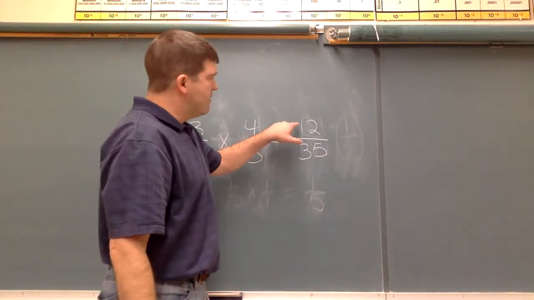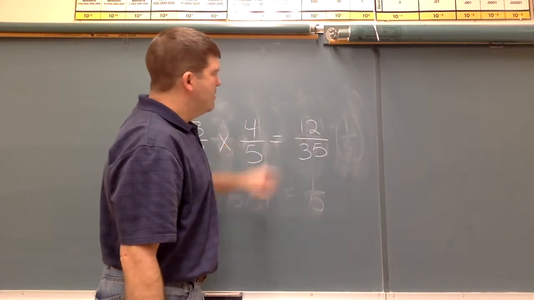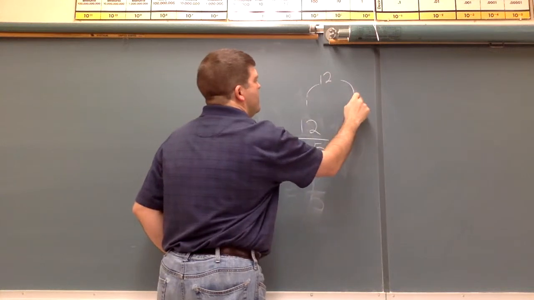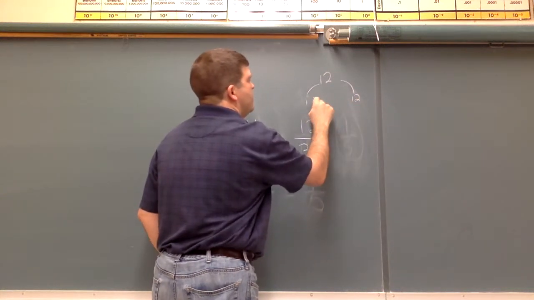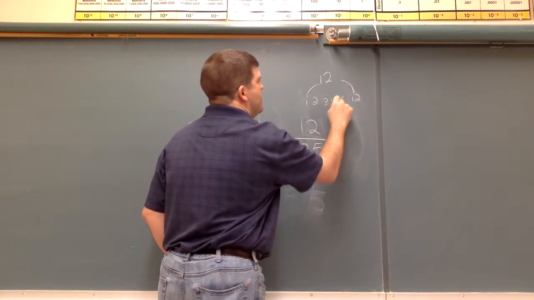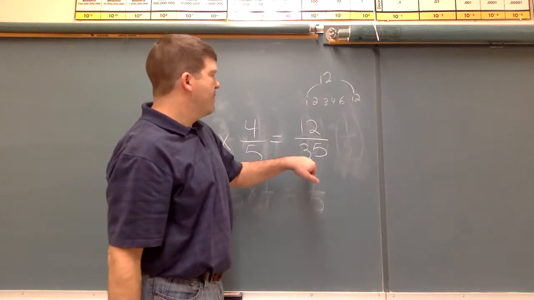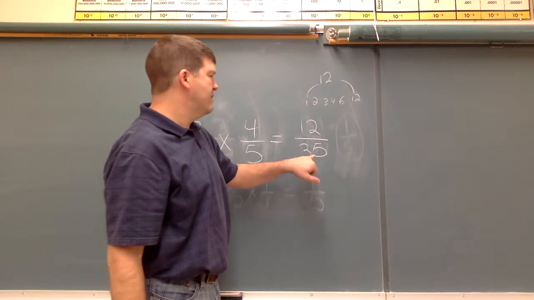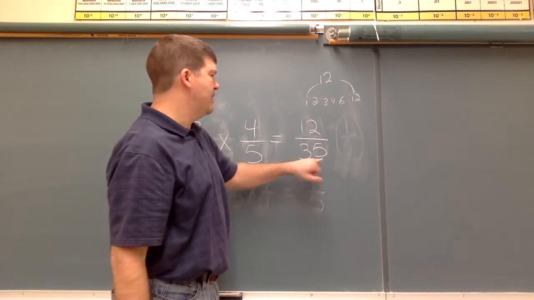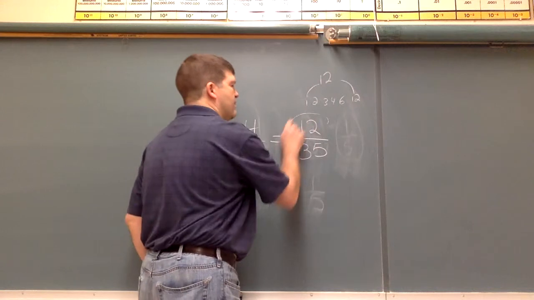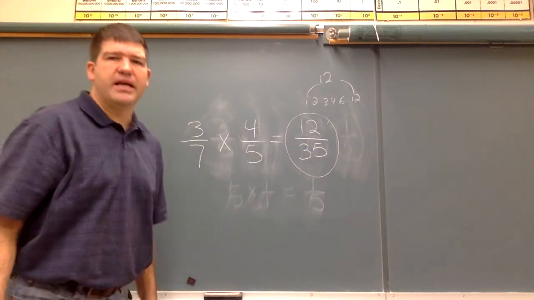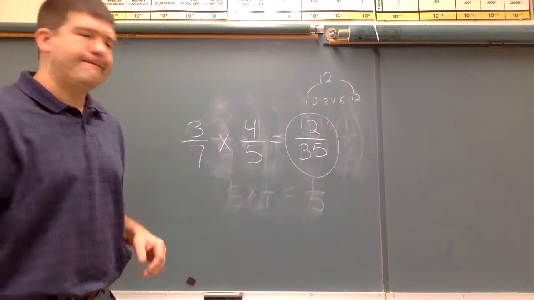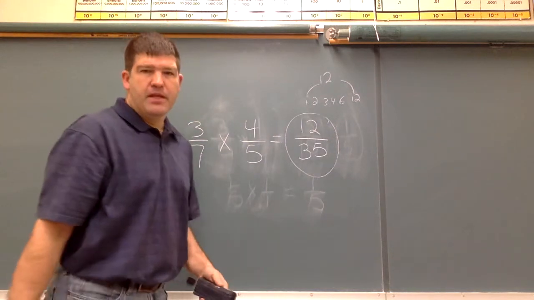Now, I know, let's see, all the numbers in this one would be 1 and 12, 2 and 6, 3 and 4. I know 12 doesn't go into here, 6 doesn't go into here, 4 doesn't, 3 and 2 can't, so I can't reduce it, so my answer is 12/35. Okay, that's number 2.